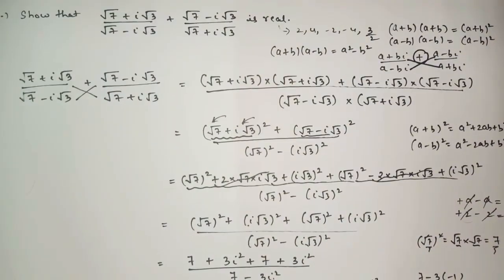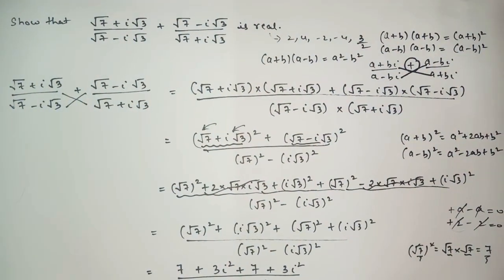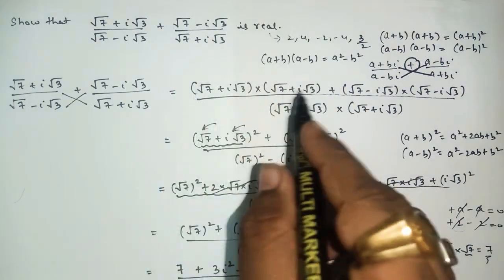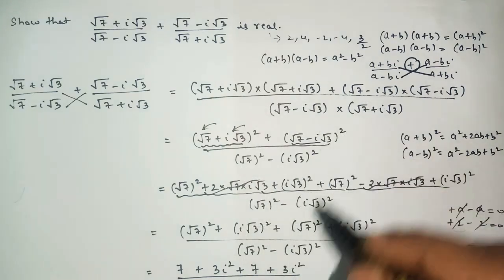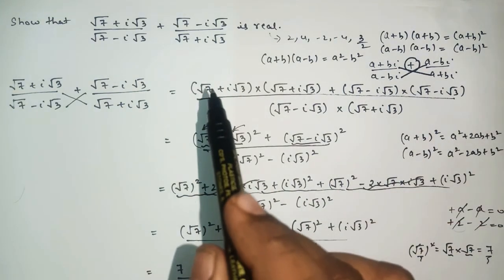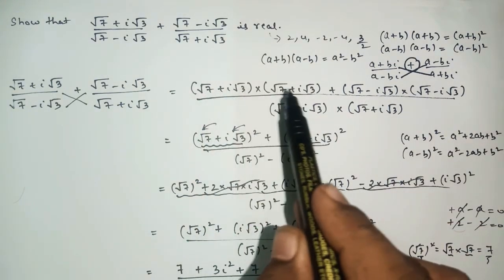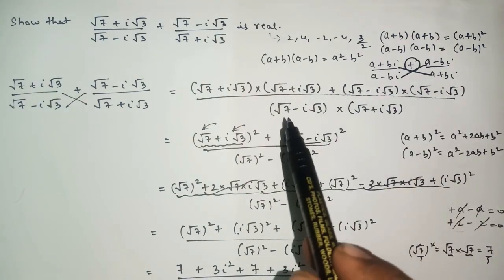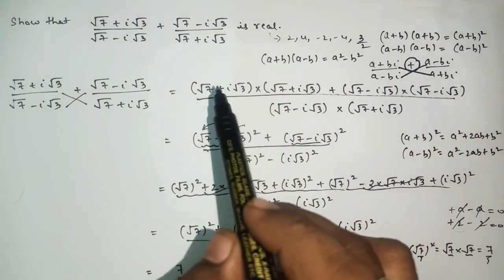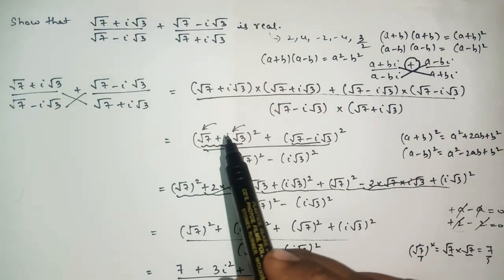Okay, so for this sum also there are 2 or 3 different methods. The first method is what? Simply expand the brackets. For this part, even for this part, even for this part, you will get the answer. Or else, clearly we can see that this looks like a plus b, a plus b, this looks like a minus b, a minus b, and this looks like a minus b, a plus b. As we know, a plus b, a plus b is a plus b the whole square.